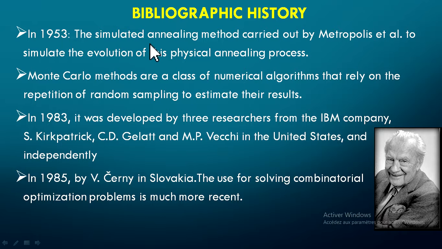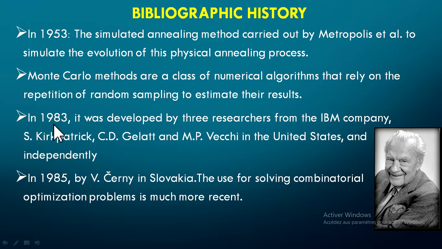In 1953, the simulated annealing methods were carried out by Metropolis and others to simulate the evolution of this physical annealing process. Monte Carlo methods are a class of numerical algorithms that rely on repetition of random sampling to estimate their results.